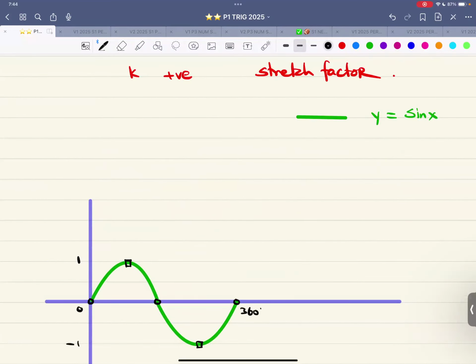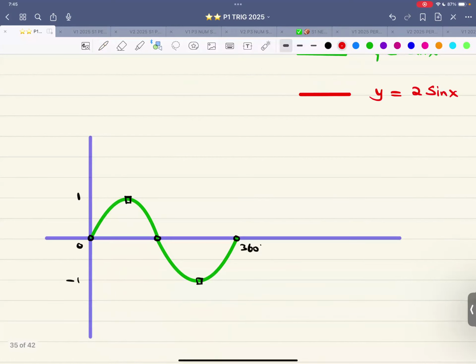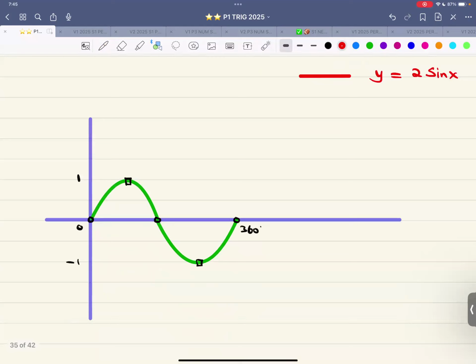Now I want to draw in red color y is equals to 2 sine x. And now what will happen? This one will be marked as 2.